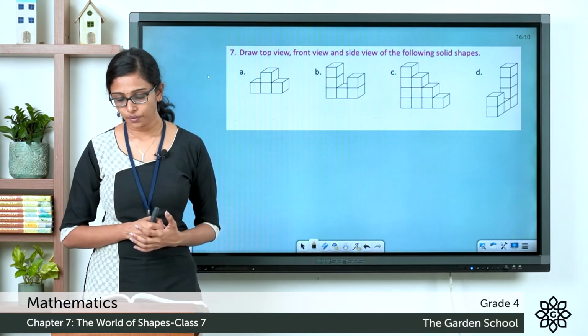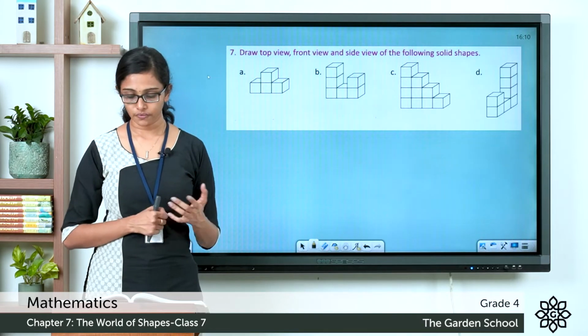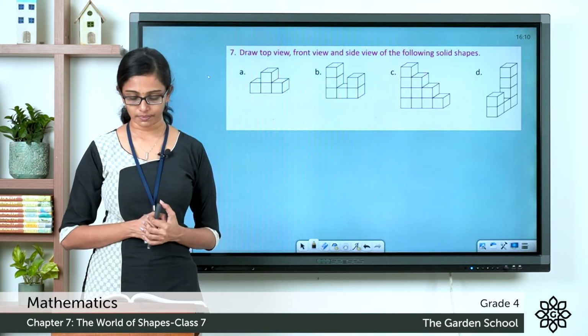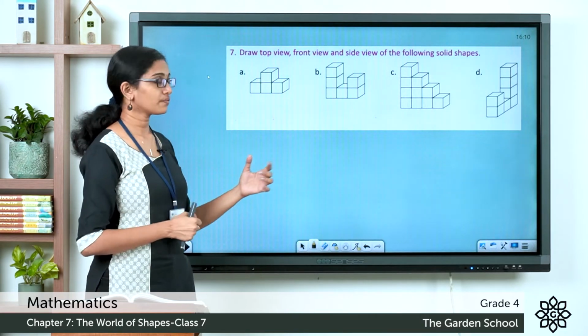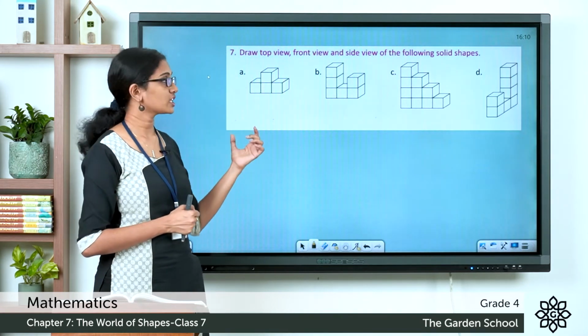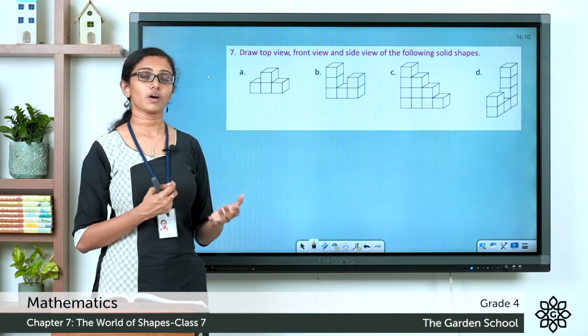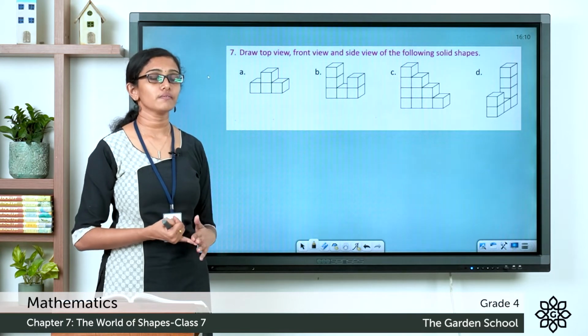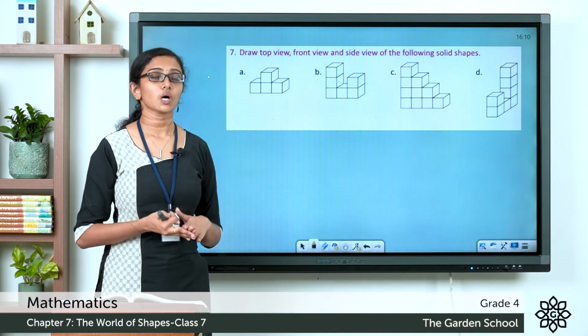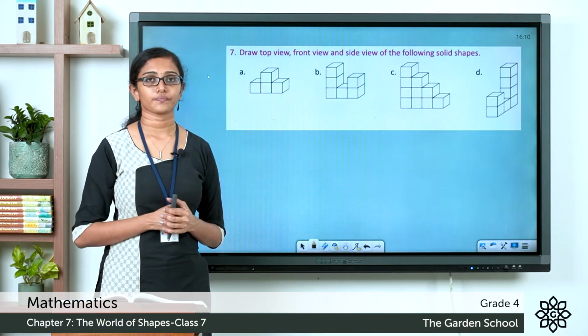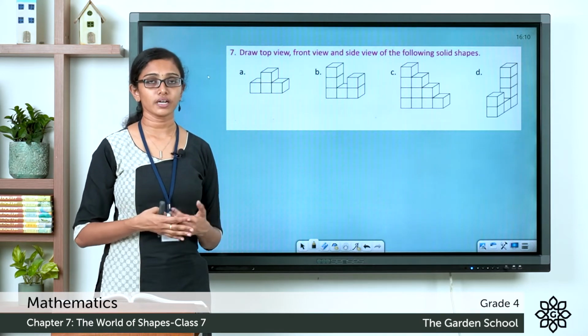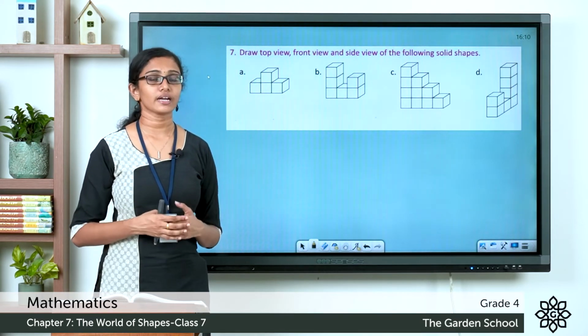Draw the top view, front view and side view of the following solid shapes. You can see 4 figures here, or 4 different arrangements of cubes. You've already seen what the front view, side view and top view of a 3D object are. When you view something from the front, it's called the front view or the front elevation.